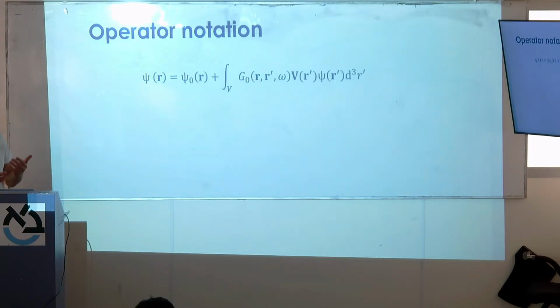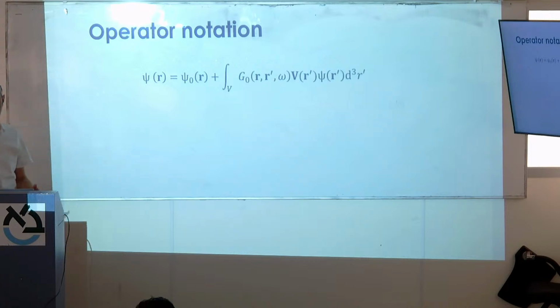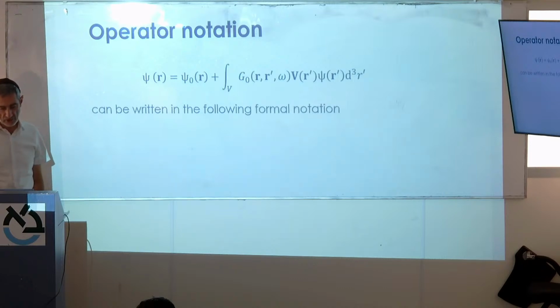I use psi because it looks more like the Schrödinger equation, and all the tools we can use will be easier. We can write this equation in a more formal way, in an operator notation.